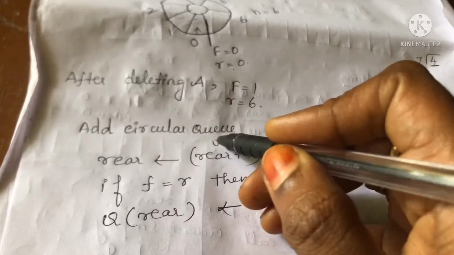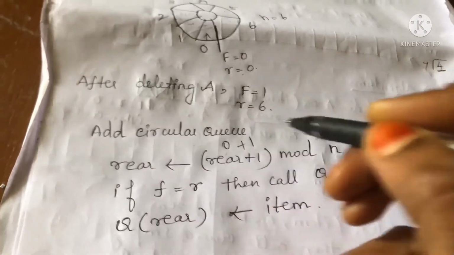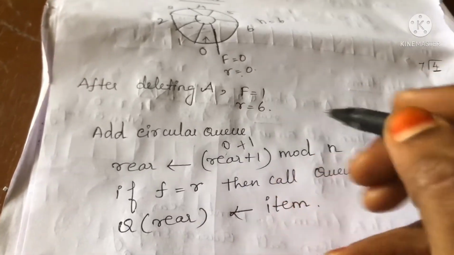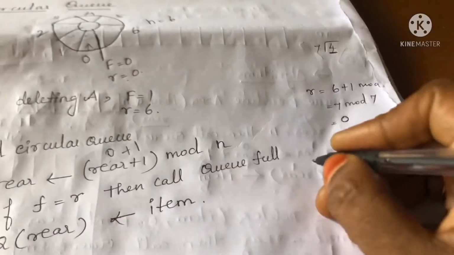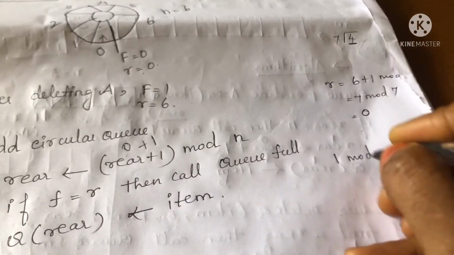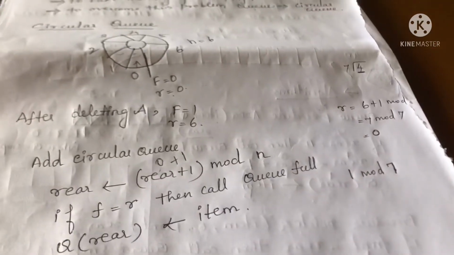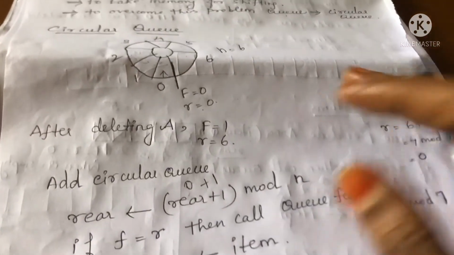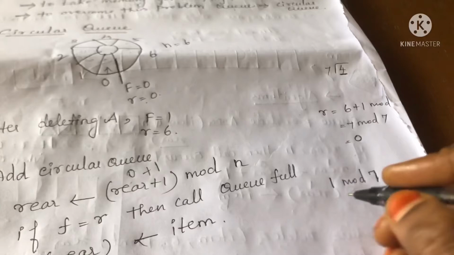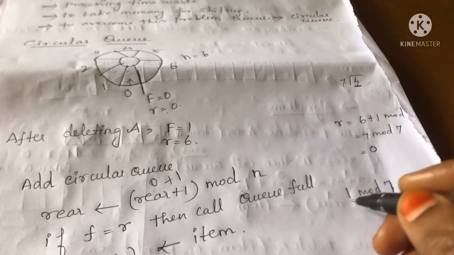So 0 plus 1 mod n, that is 1 mod n. The n value is 7, positions 0 to 6, so 7 in total. 1 mod n, the answer is 1.